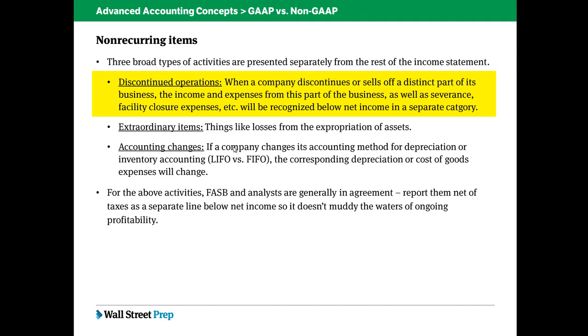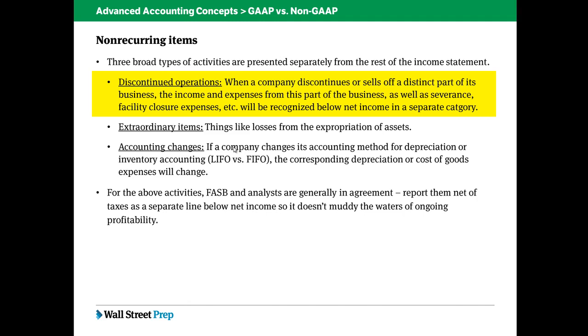So if there is any revenue during a particular year from an operation that is now deemed to be discontinued and that will presumably be sold down the road, that revenue, the associated expenses, all of that are separated out of the main income statement and recognized as just one net line, net loss or gain from those discontinued operations below net income.